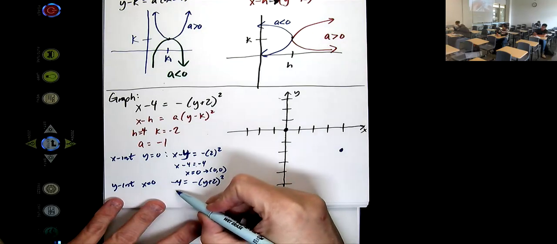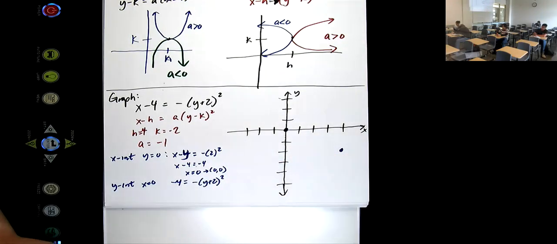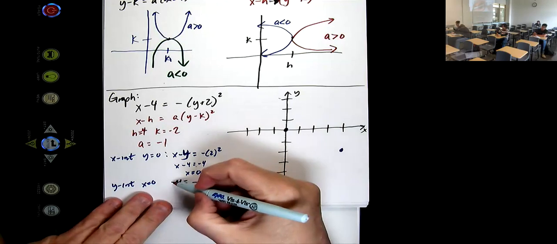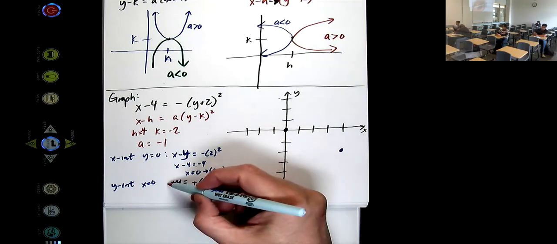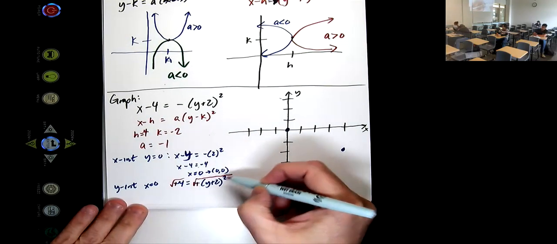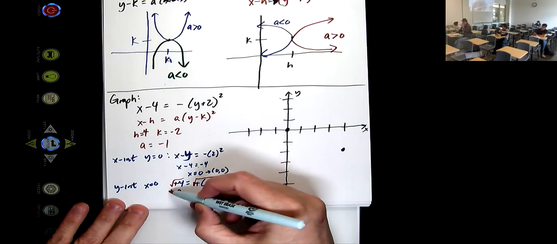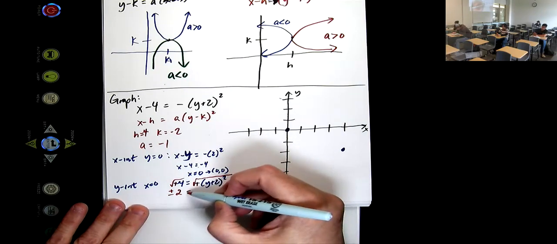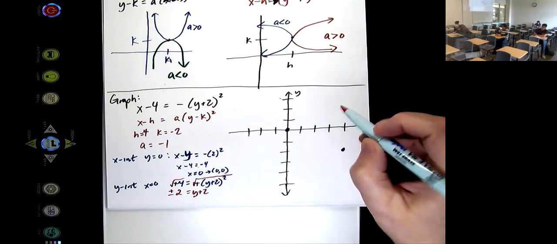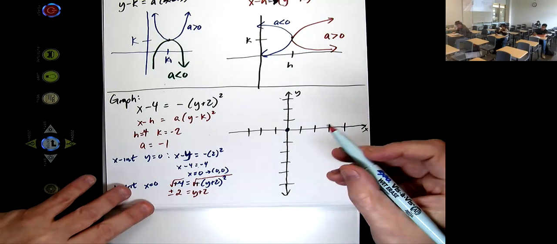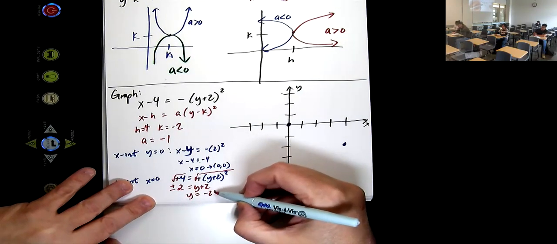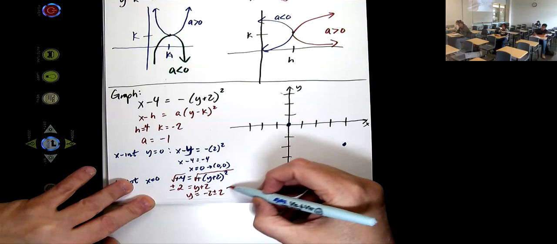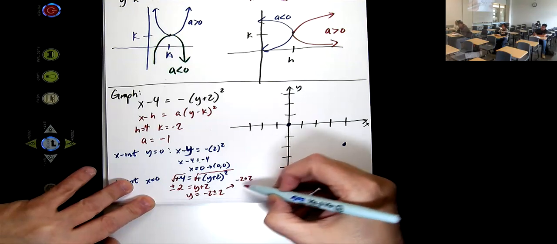So if I multiply through by a negative, that becomes positive on both sides. And we're going to take the square root. And I get 2 plus or minus 2 equals y plus 2. So we get y equals negative 2 plus or minus 2. That gives us two options, negative 2 plus 2 and negative 2 minus 2.